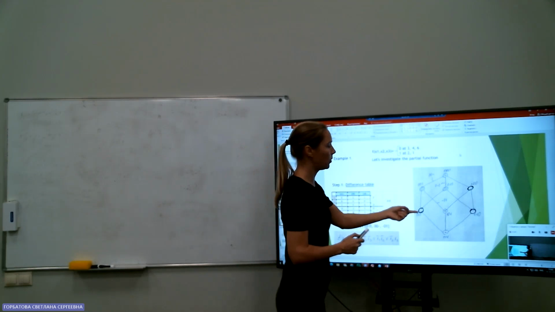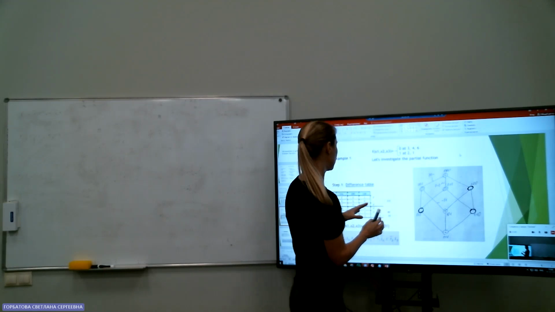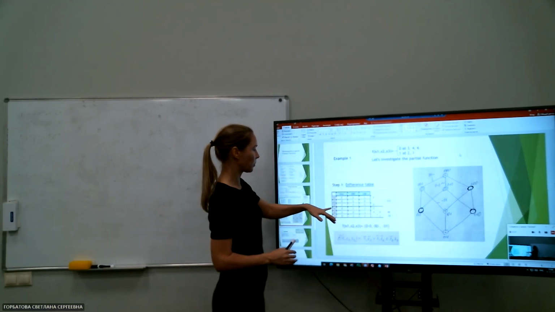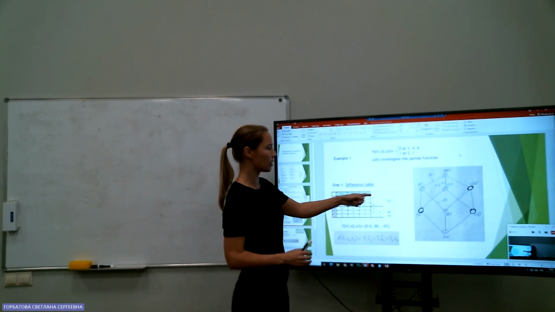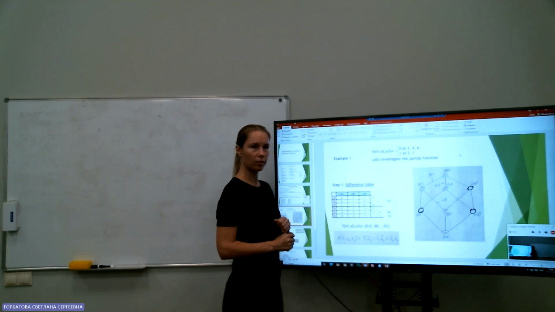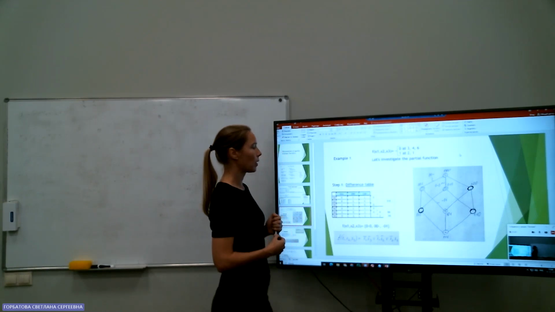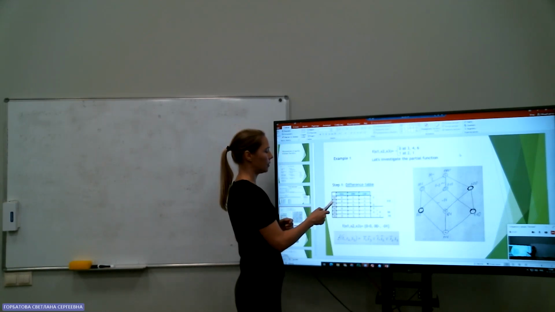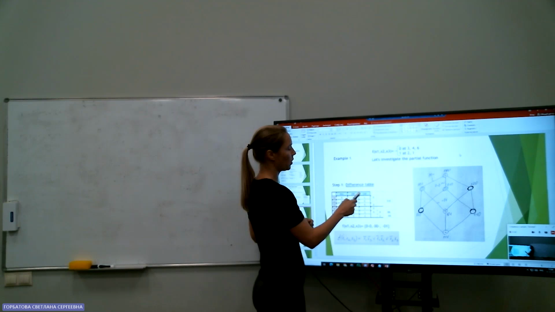So this algorithm helps us to get intervals where function equals to 1, and these intervals must consist of points where function equals to 1, and points where function equals to 0 can't be here.